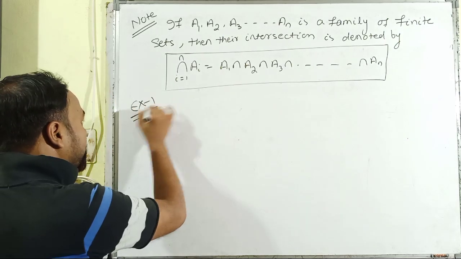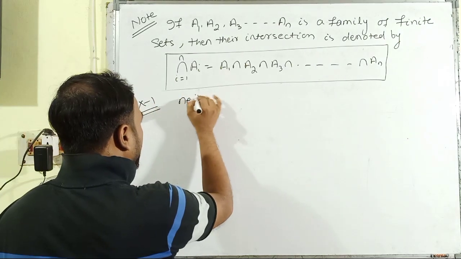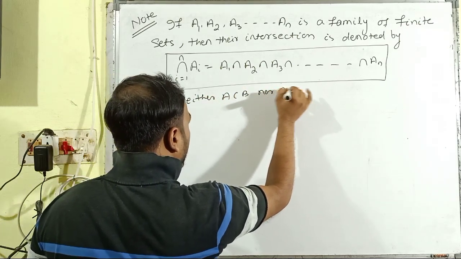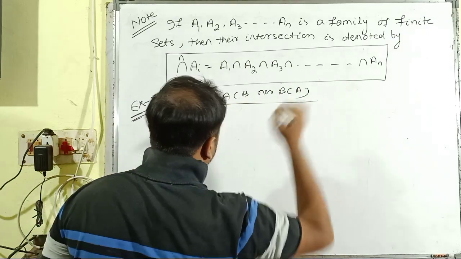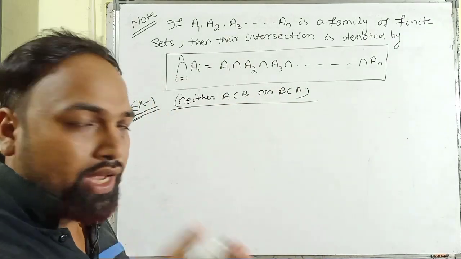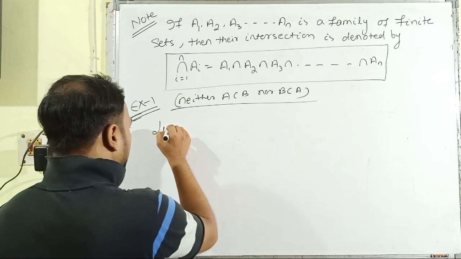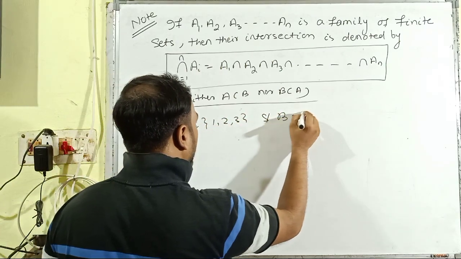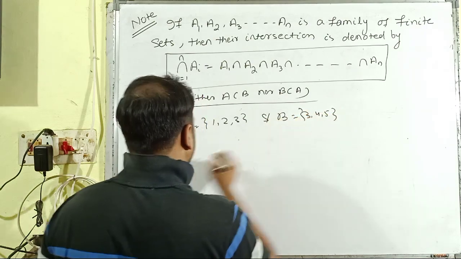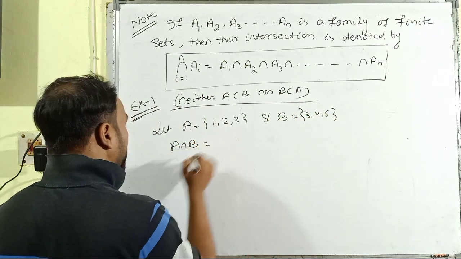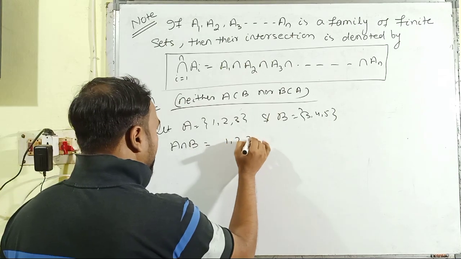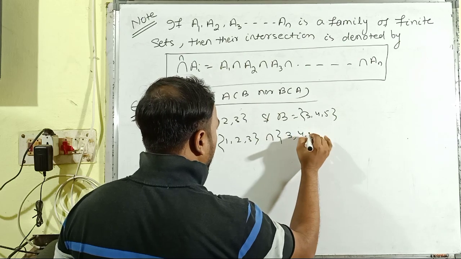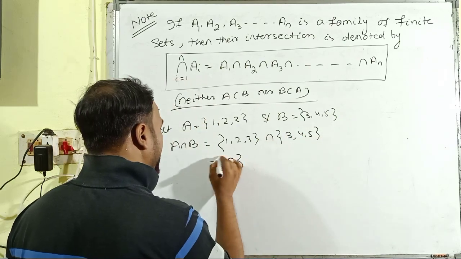The first example is based upon the case where neither A is a subset of B nor B is a subset of A. That means the first category of the intersection of two sets. Let A be equal to {1, 2, 3} and B equal to {3, 4, 5}, and we have to find the intersection of the two sets A and B. The intersection of {1, 2, 3} with {3, 4, 5}, and the common element is 3.